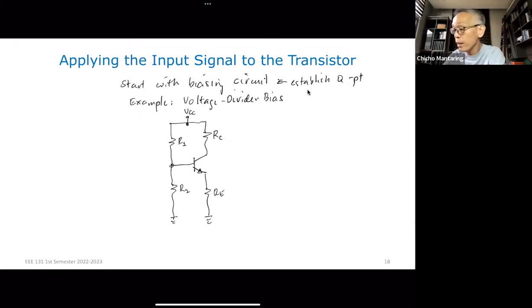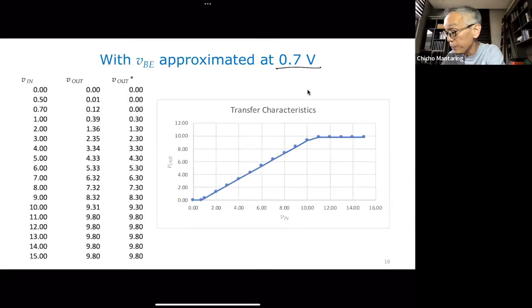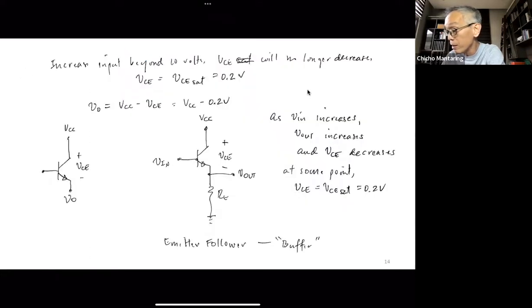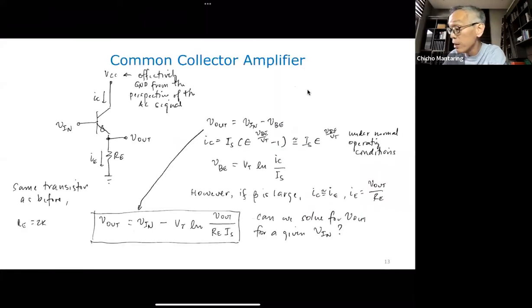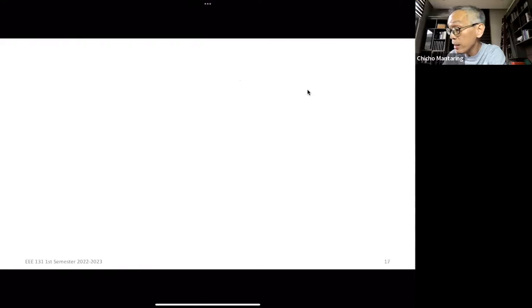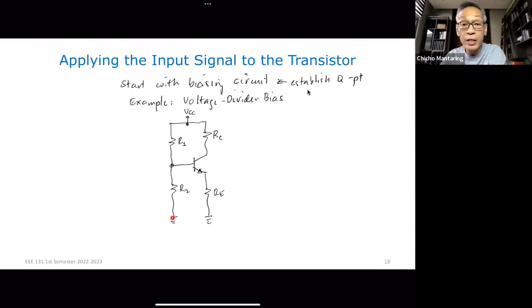In other words, let's go back to the transfer characteristics. Where in your transfer characteristics will you be operating when your input signal is 0? That is your bias circuit which establishes that.